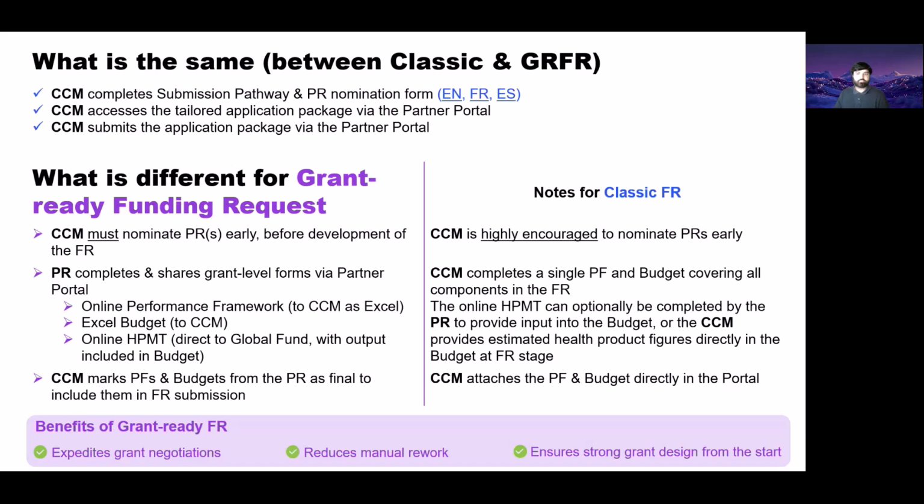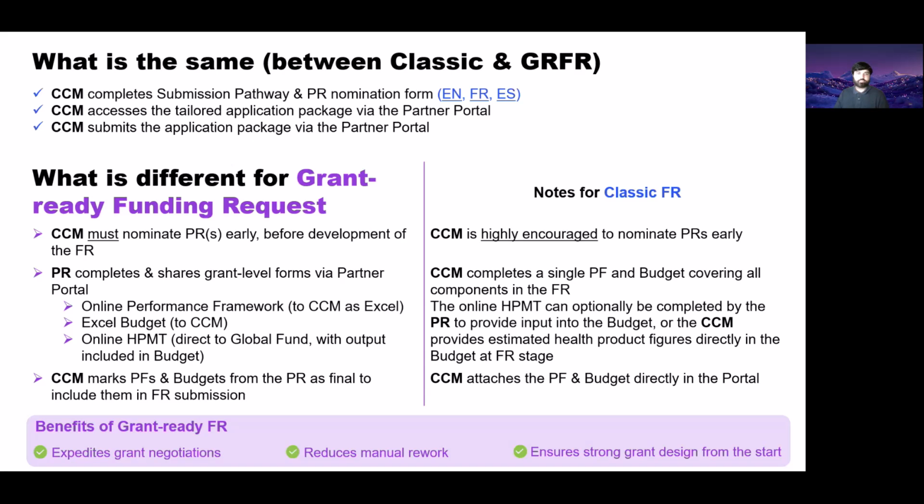And the online HPMT can be optionally requested and completed by the principal recipients to provide inputs into the budget. Or as an alternative, the CCM can also provide estimated health product figures directly in the budget at the funding request stage. And the CCM will attach those final forms upon completion and will submit them directly in the partner portal.